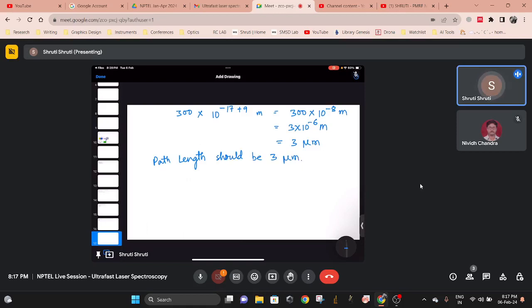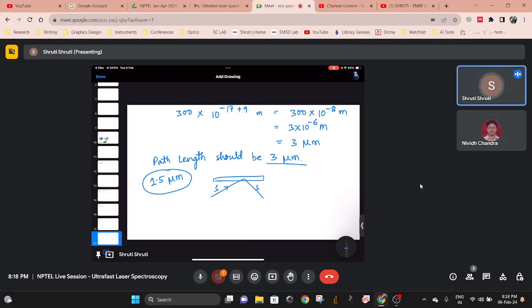But in order to change the path length by 3 microns, we need to move the retroreflector by 1.5 microns, because the light goes, hits the retroreflector and then comes back.